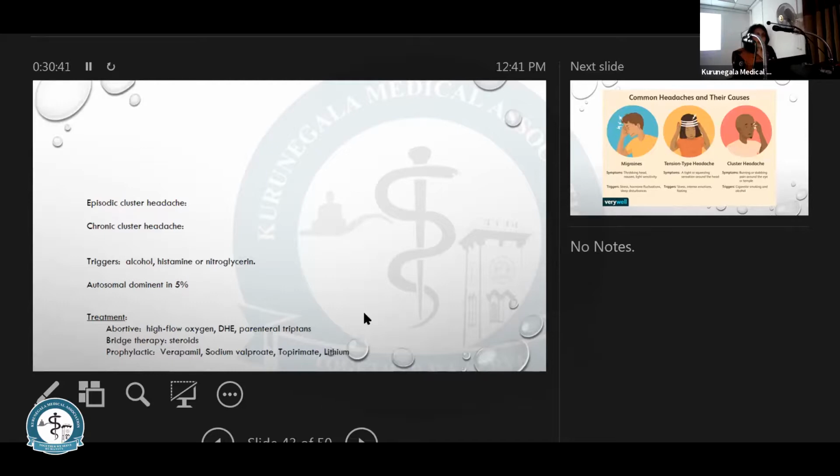And alcohol, histamines, nitroglycerins precipitate cluster headaches. The males who are coming with cluster headaches will come usually after a bout of alcohol. Alcohol precipitates headache. Runs in families, autosomal dominant in 5% of the cases.